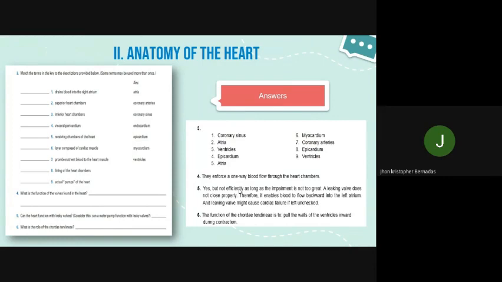Number 5, can the heart function with leaky valves? And our answer is yes, but not efficiently, as long as the impairment is not too great. A leaking valve does not close properly. Therefore, it enables blood to flow backward into the left atrium, and a leaking valve might cause cardiac failure if left unchecked.